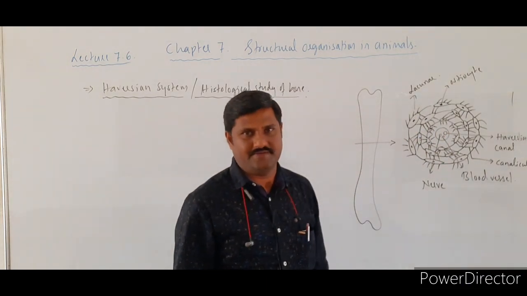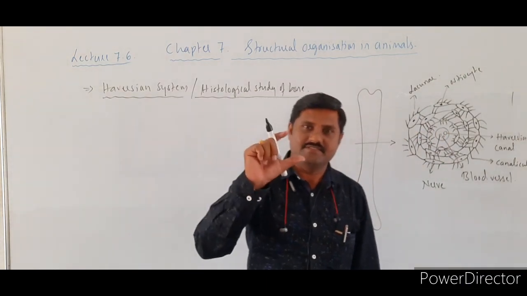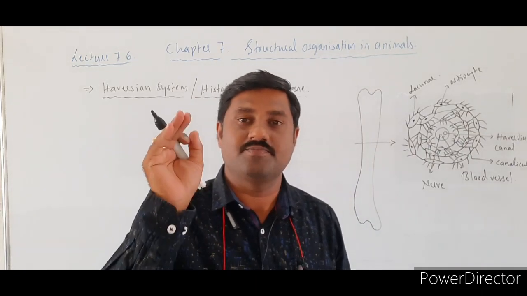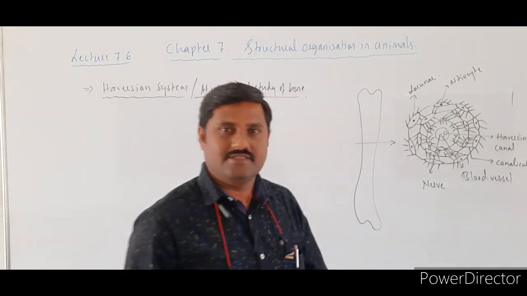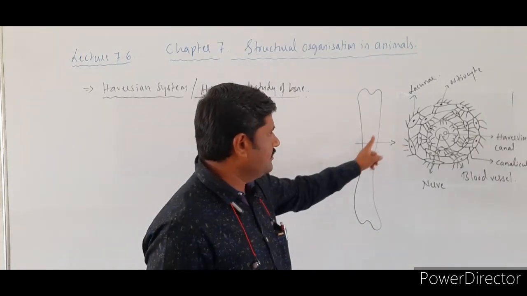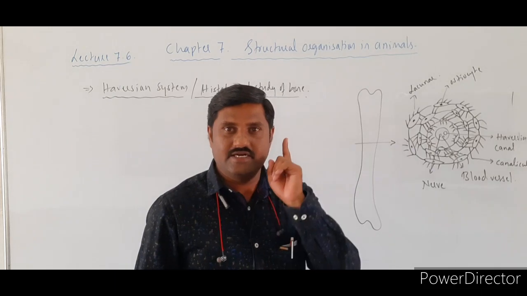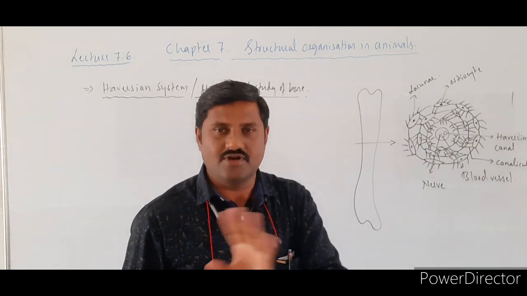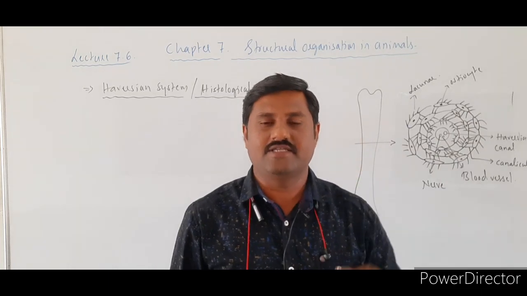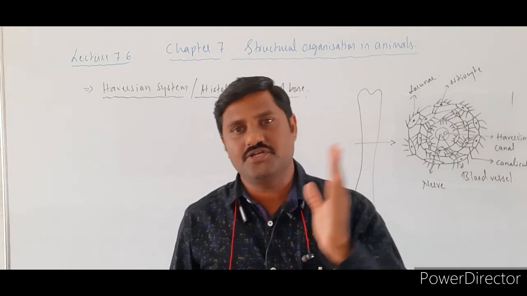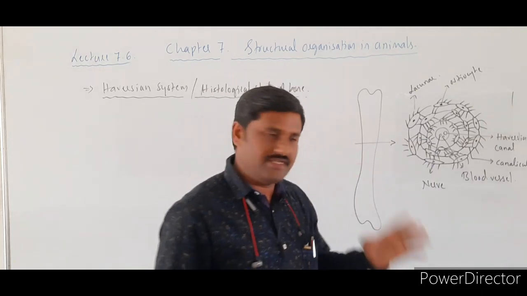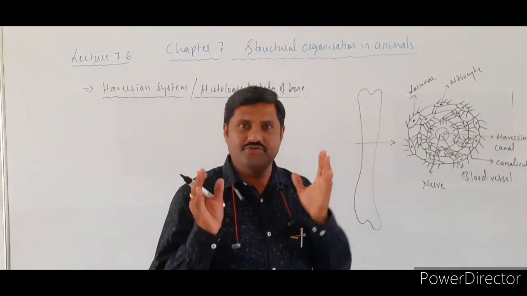Okay, in the Haversian canal we find nerves as well as blood vessels. It means direct blood supply is seen in this bone, but direct blood supply is not at all seen in another skeletal tissue, that is, cartilaginous tissue. So here the direct blood supply is found.